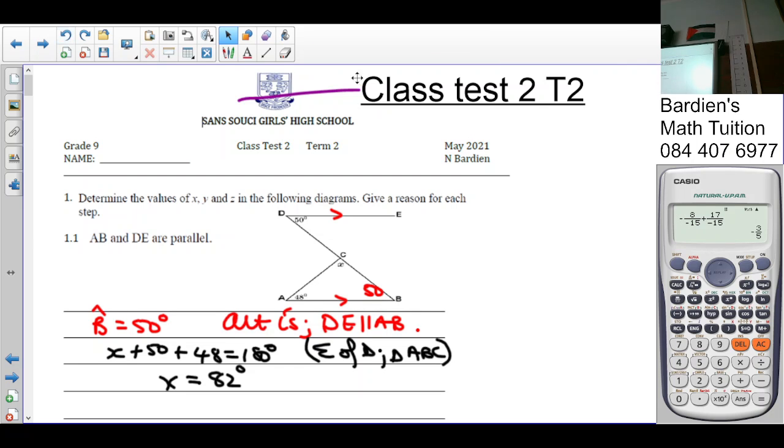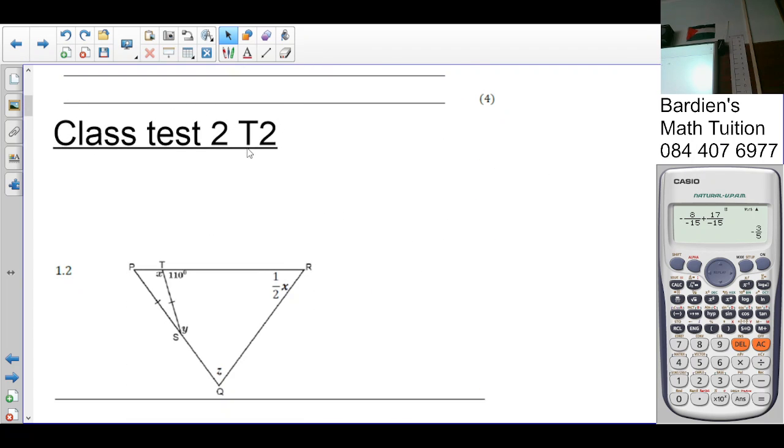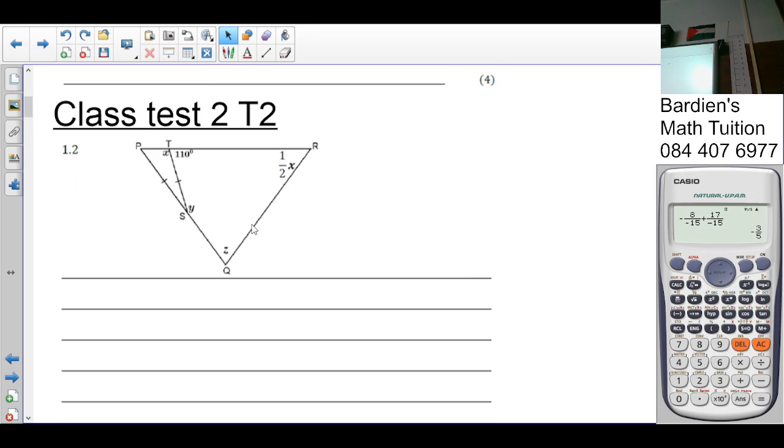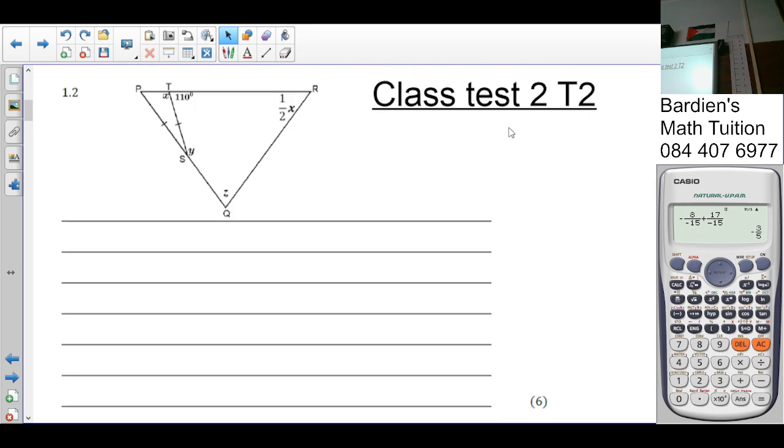Let's carry on with our lives. 1.2. So in 1.2 for 6 marks, we can calculate x first. How?